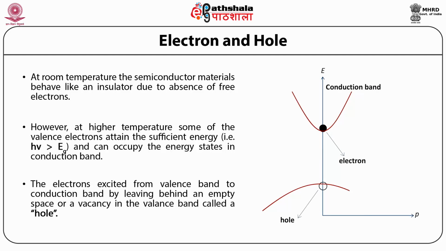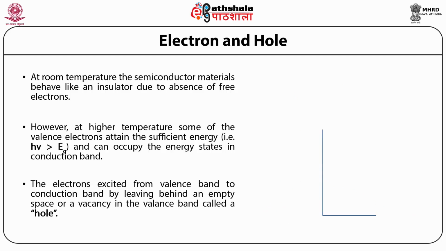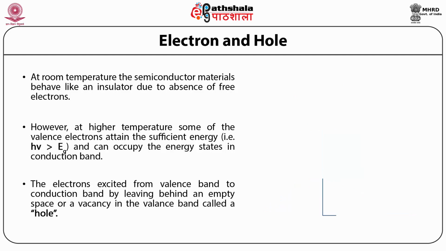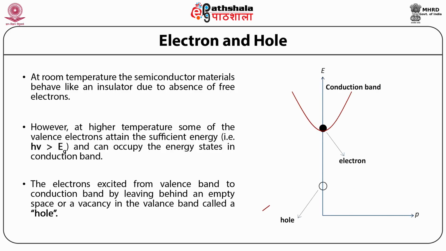The figure shows the energy momentum relationship for a direct band gap semiconductor. Now for a free electron, the energy and the momentum can be related by E is equal to P square by 2 m naught, where m naught is the rest mass, or the mass of the free electron.